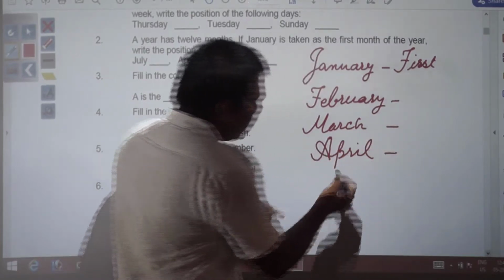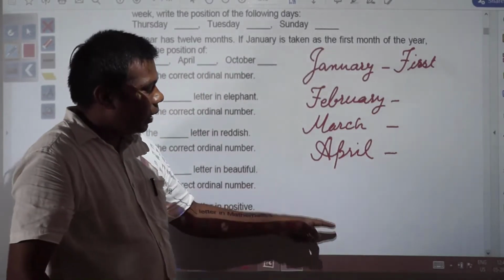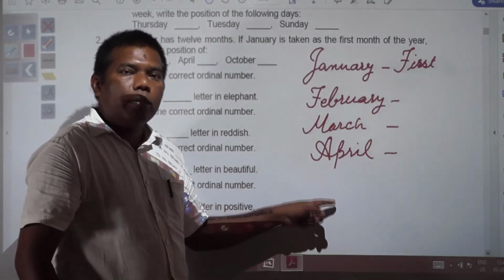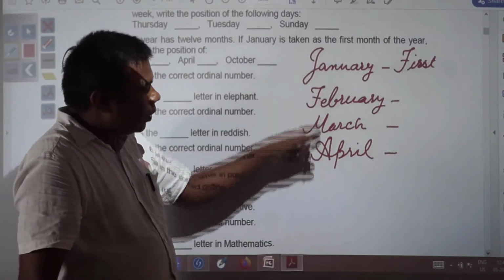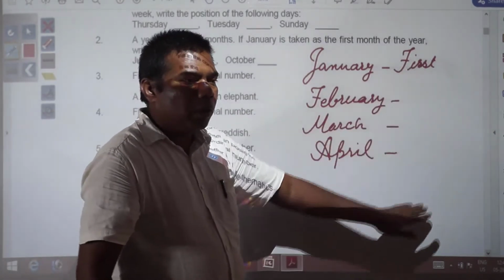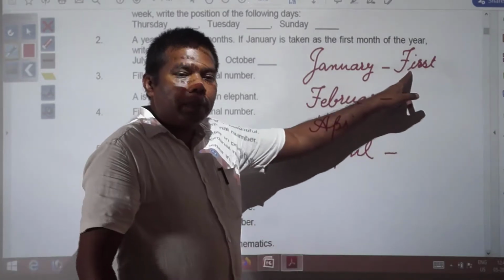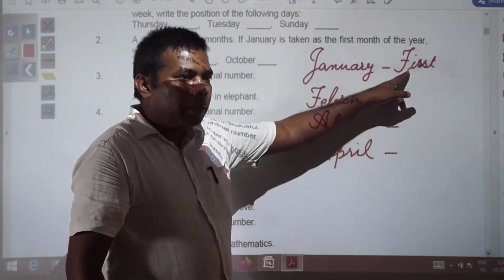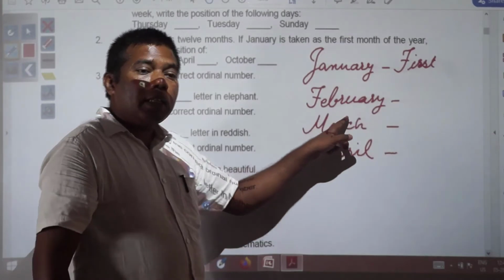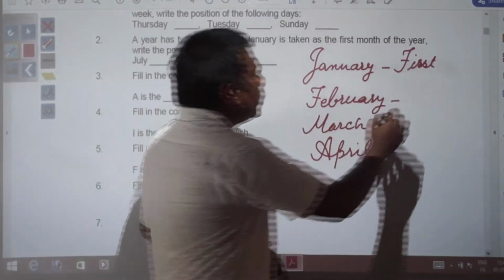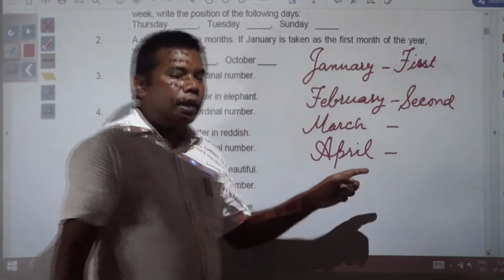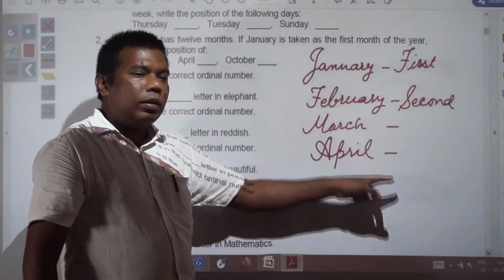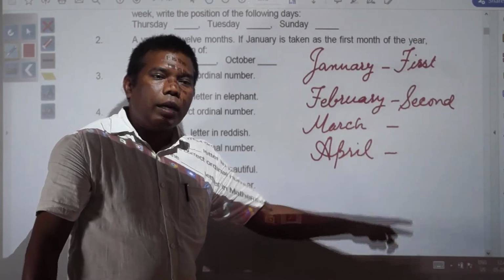Likewise May, June, July, August, September, October, November and December. Right? So you write down and write the position also. January is in first position, the first month of the year. February is the second month of the year, so it should be written second. Got it? Then third, fourth, fifth, sixth, seventh up to 12th.